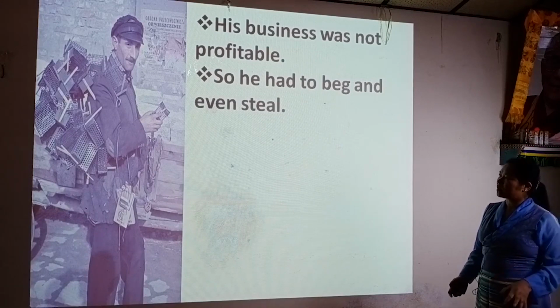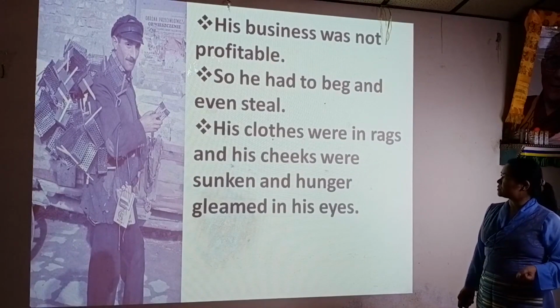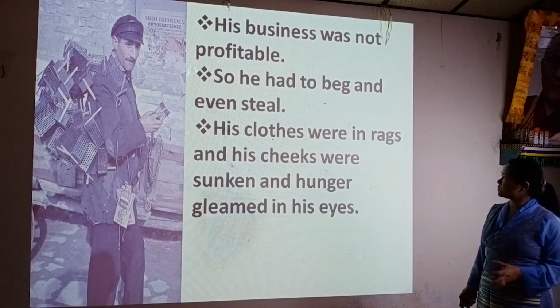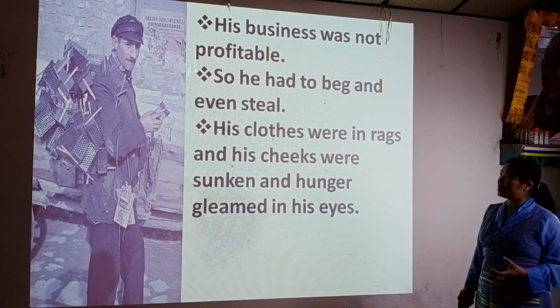Okay, so his clothes were in rags and his cheeks were sunken and hunger gleamed in his eyes. His cheeks were sunken and hunger gleamed in his eyes indicates the intensity of his poverty. He is a very poor person.